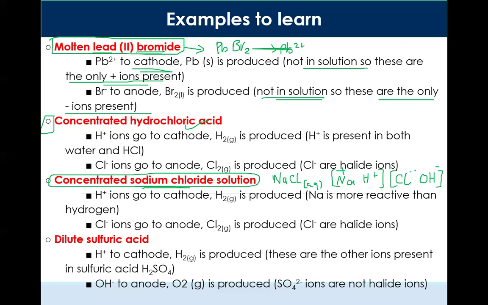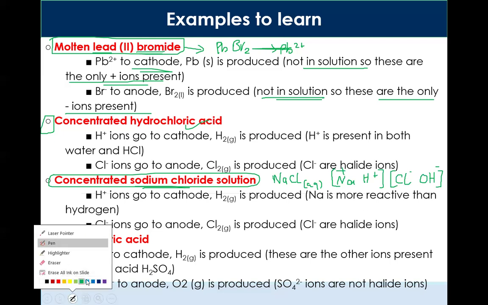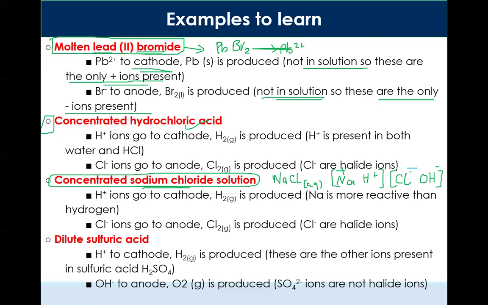So in this case, we do have a halide ion present. We have chloride ions. This is a halide ion. So that's why the chloride ions go to the anode and chlorine gas is produced instead, right? Because chloride ions are halide ions.